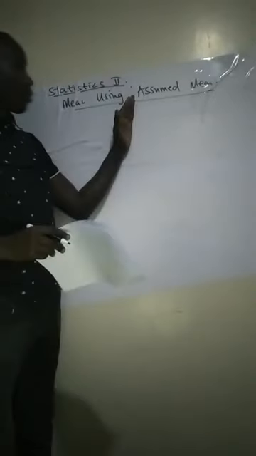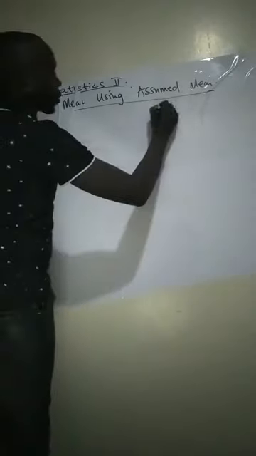Now, one thing that is going to be very important in this topic, statistics 1 and statistics 2, is the formulas. The first thing we will need to know is the formula for getting mean using assumed mean. Let us go back to mean in form 2.